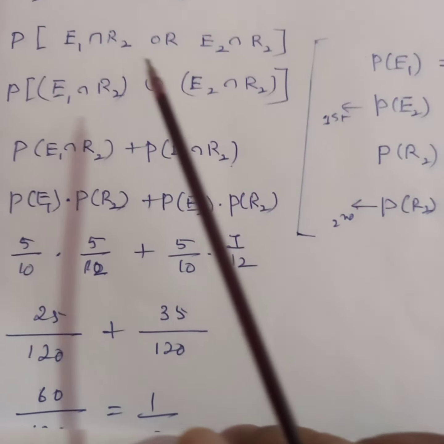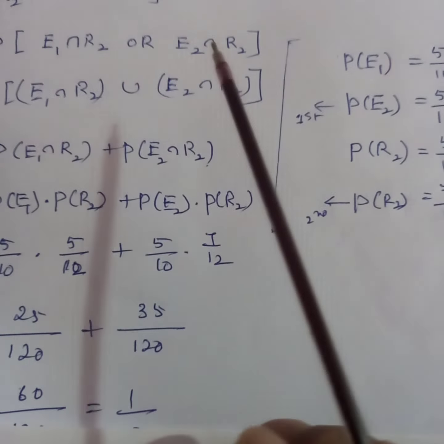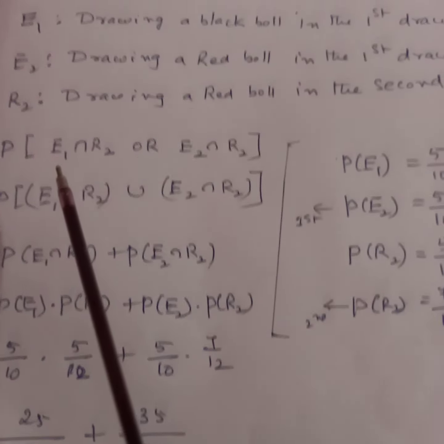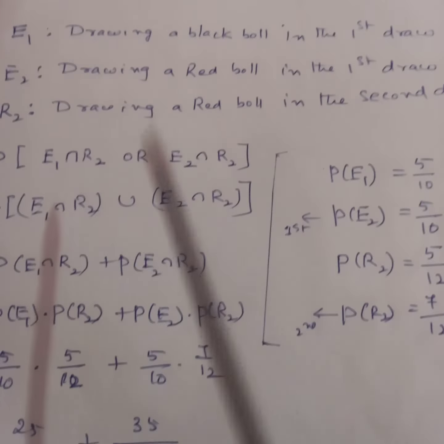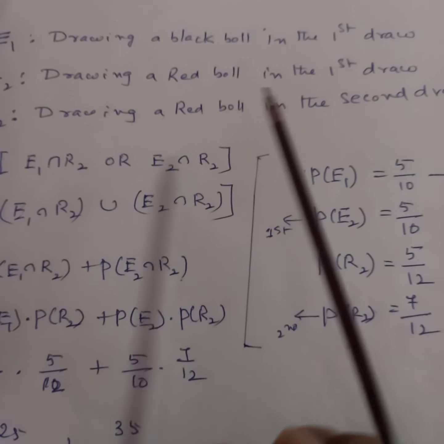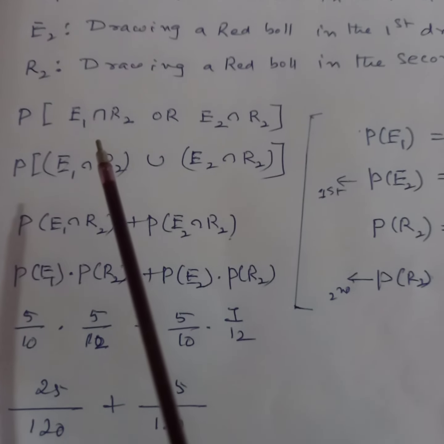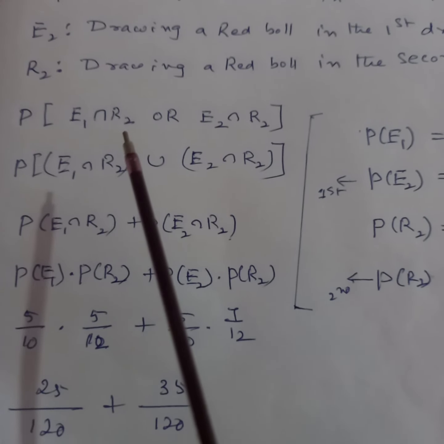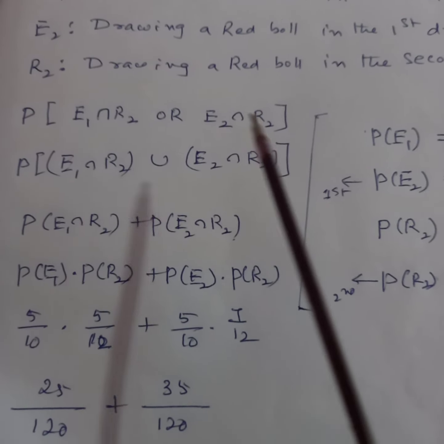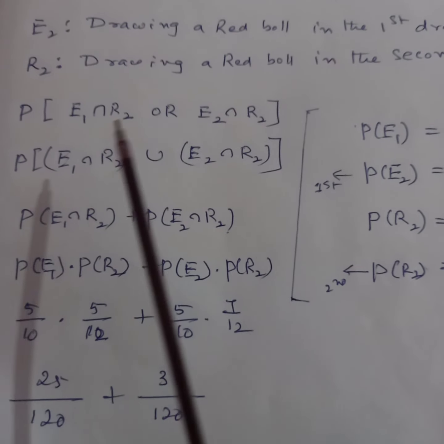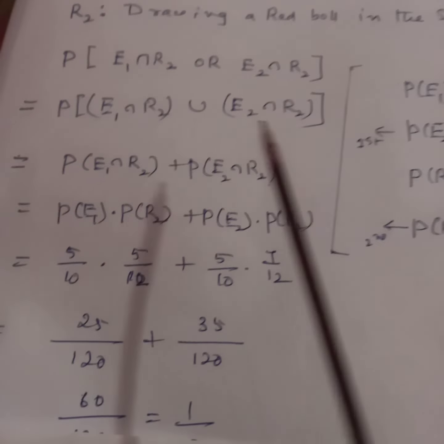Now E1 and E2 are mutually exclusive. What is E1? Drawing a black ball. What is E2? Drawing a red ball. They are mutually exclusive. Therefore, E1 intersection R2 and E2 intersection R2 also are mutually exclusive. Therefore, we have used this formula.